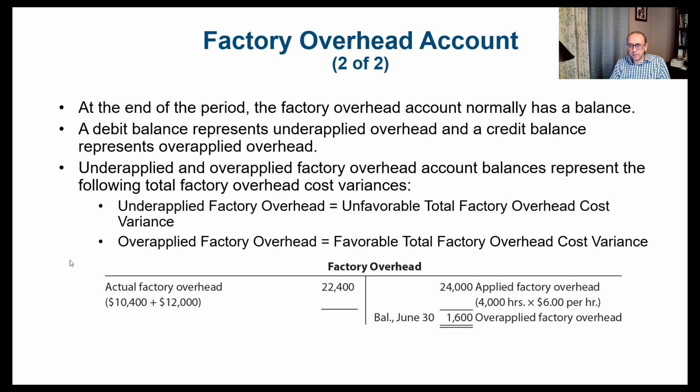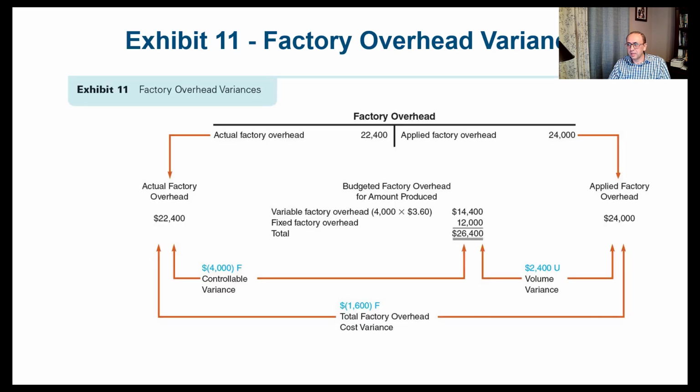Remember, under applied factory overhead is an unfavorable total factory overhead cost variance. But when we have an over applied factory overhead like this scenario here, then that's a favorable total factory overhead cost variance.